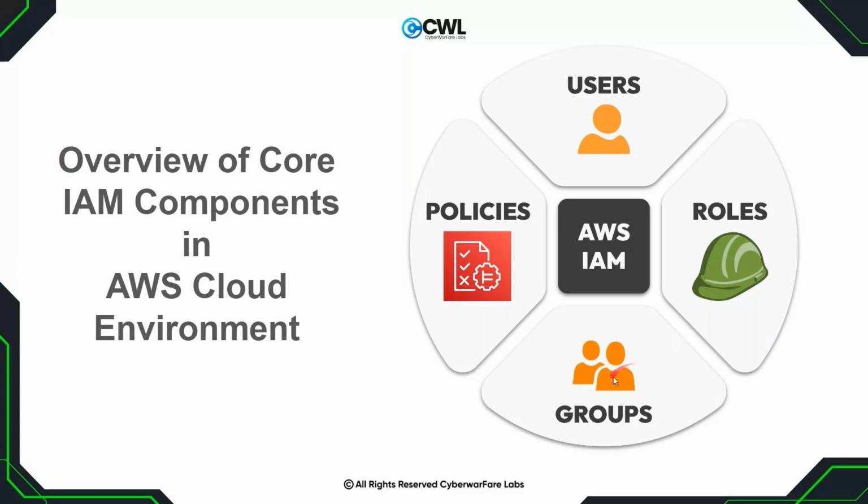Group permissions can be defined once and applied to multiple users, making access management more efficient. We will discuss examples such as creating groups for different roles like developers or admins in the later part of the webinar. Here I'll just be giving the components of IAM in the AWS environment.